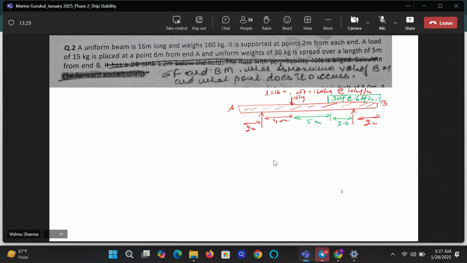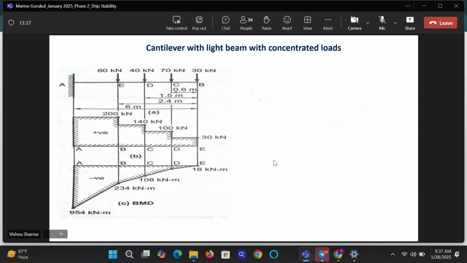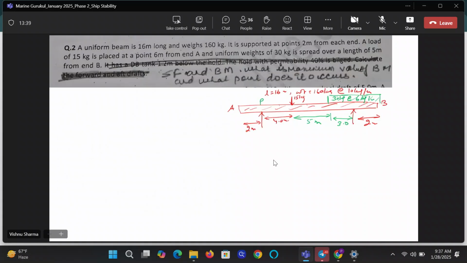Now I need 1, 2, 3, 4, 5, 6 points here. So I can name them whichever way I want. Let's say P, Q, R, S, and A and B are named.